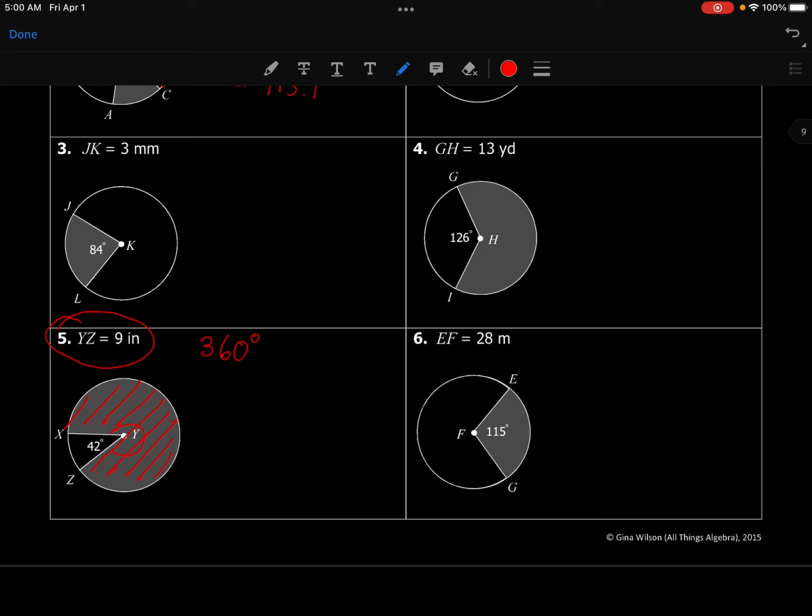If we subtract 42 from 360, that will give us the rest of the shaded part of the circle. So 360 minus 42 degrees is equal to 318 degrees.